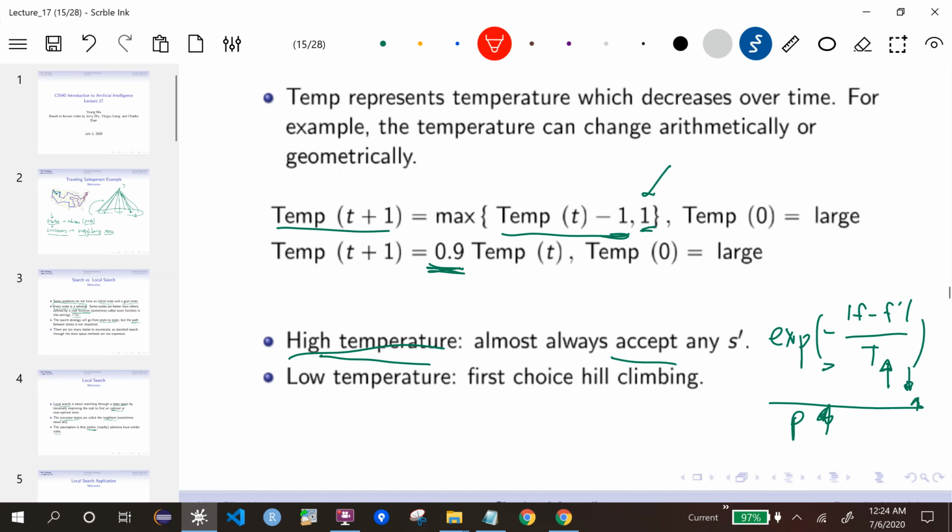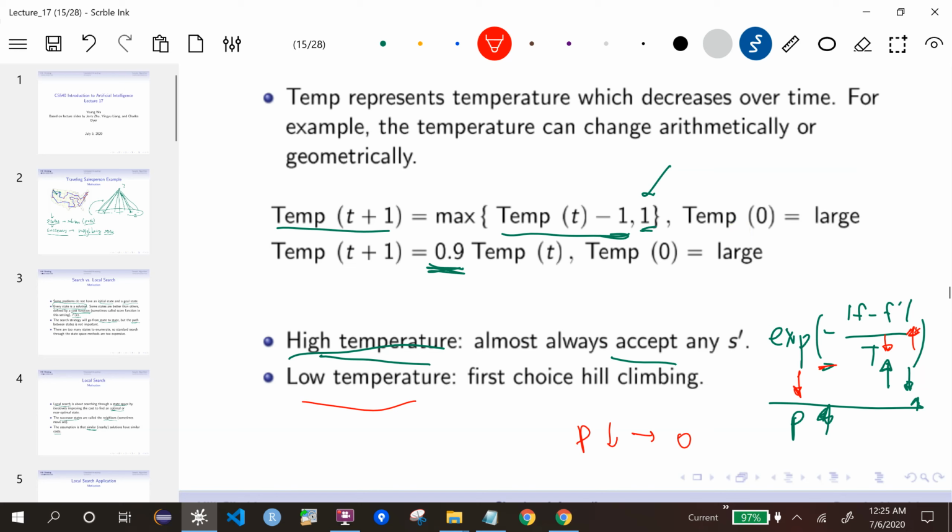And later, when the temperature gets lower and lower, this whole fraction would be increasing, and you have a minus sign in front, so the whole thing is decreasing. So the probability of moving to a state with a higher cost is decreasing. So at the end, it's kind of close to 0.